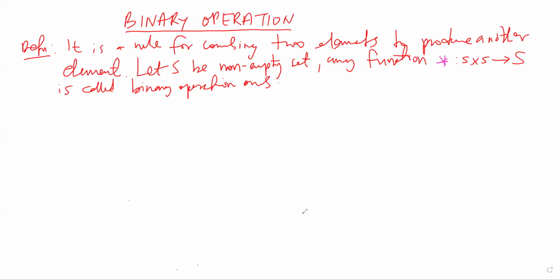We take a non-empty set, then we can create a binary operation such that if we take a non-empty set S, then any two elements will act and give us another element of S. Of course, for this function star here, we can use several other notations.